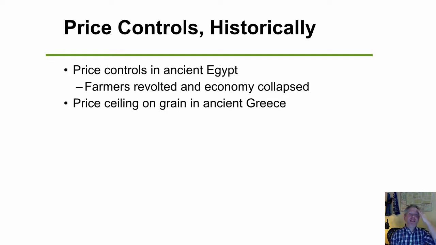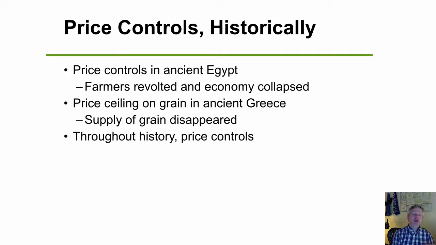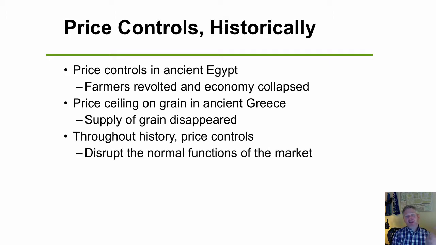There was a price ceiling placed on grain in ancient Greece, and so the supply of grain completely disappeared. The government said you can't sell grain for more than a certain amount, and it was actually an amount that was so low that the farmers couldn't cover their costs, so they just stopped making the grain, and the supply of grain disappeared.